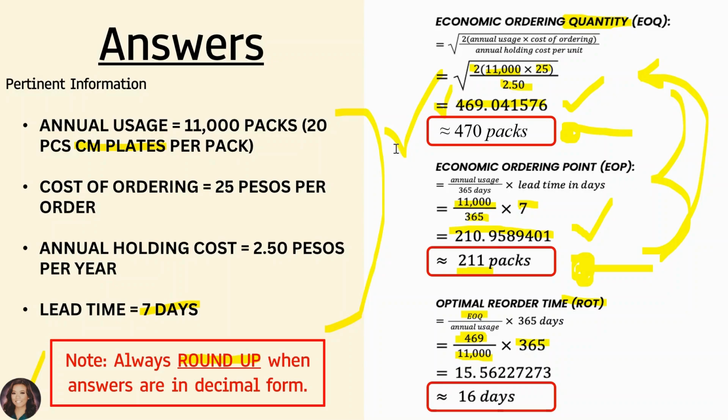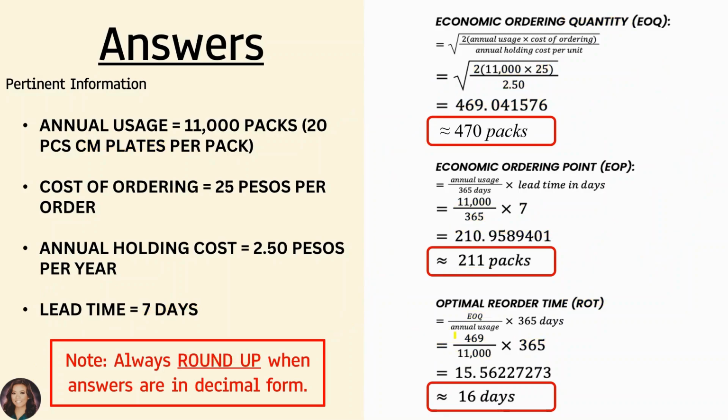I got 15.59545454. Okay. So instead of 469, this is wrong, no? This should be 470. Kasi yun siya done. 470 dapat ito. Anyway, that's too much. And then you should get still approximately 16 days. So what does that say?